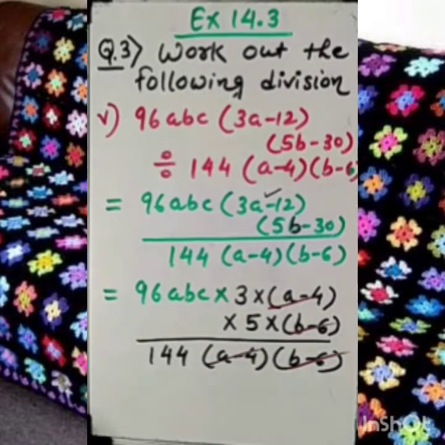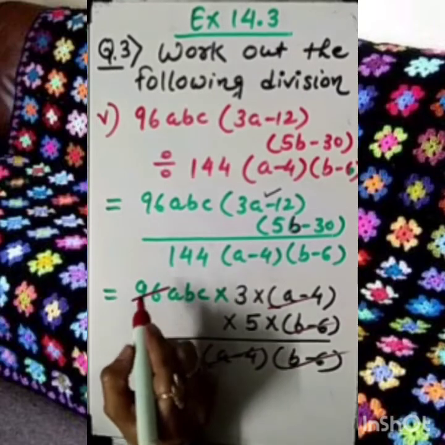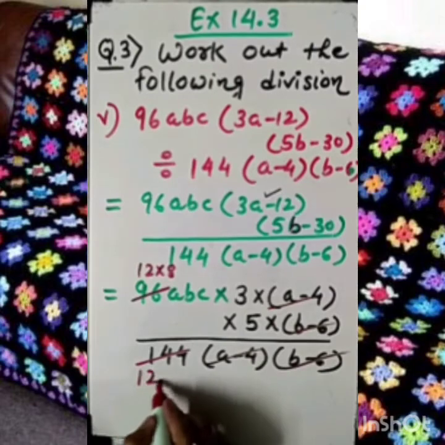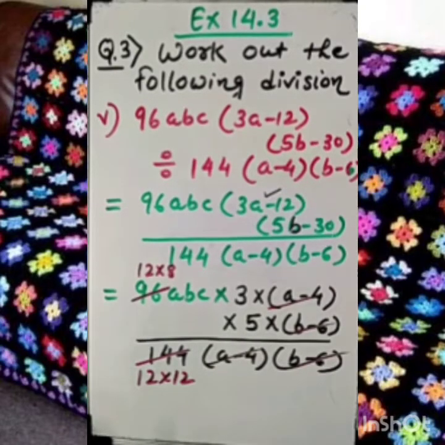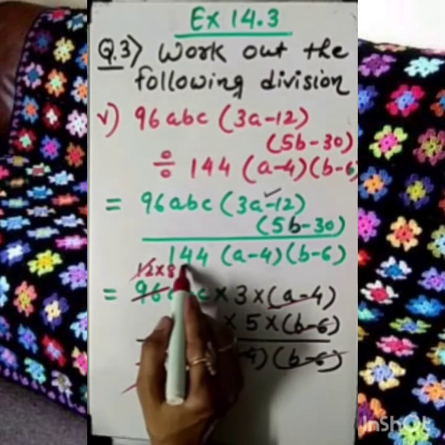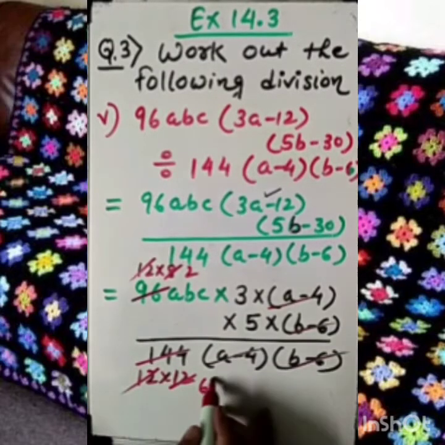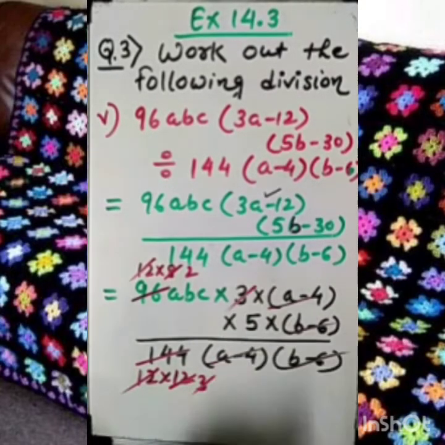Now, what are the remaining terms? What are the possibilities of dividing them? We know that 12 eights are 96 and 12 twelves are 144. So can I cancel 12 with 12? Something else also can be cancelled: 4 twos are 8, 6 twos are 12. Sorry, 4 threes are 12, so this 3 will be cancelled with this 3.